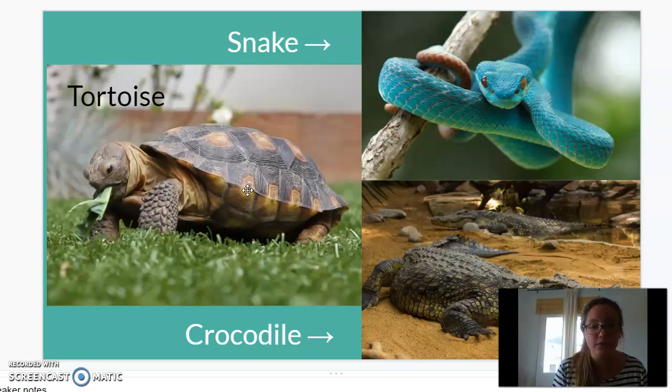Tortoise is a difficult word to pronounce. Next, we have a snake. And last, which might be difficult for you to see because of my little video here, is a crocodile.